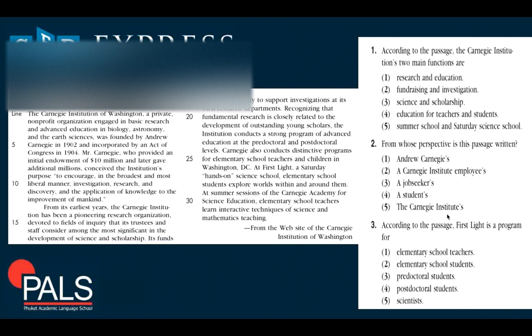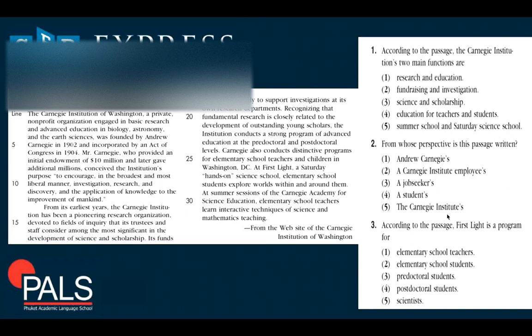If you're confused, let me tell you. Here, it requires a bit of analysis. Think about the language that is being used in the passage. It's highly favorable to the institution. It is written from the perspective of the institution itself.